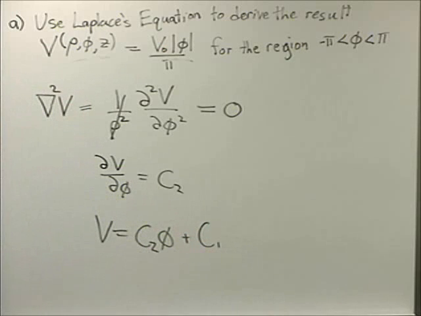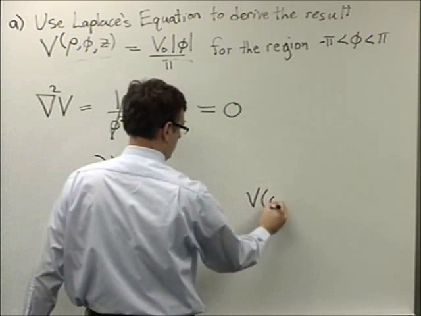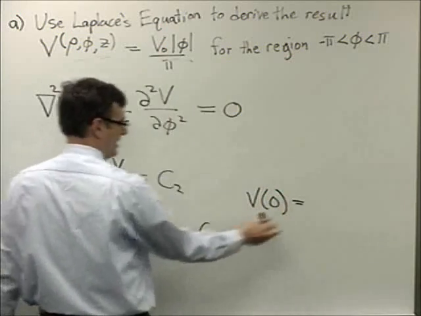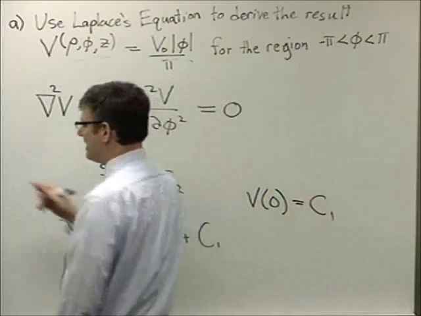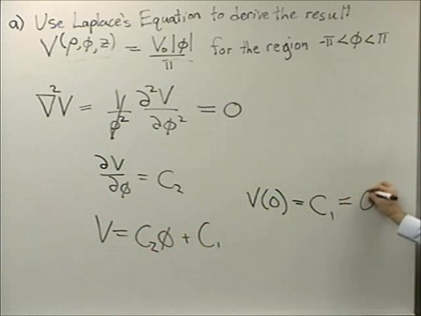How do I solve for the constants? Well, I just need to enforce my boundary conditions. When phi is equal to 0, this evaluates to just C1, and I know C1 must be 0 because when phi is equal to 0, I'm on that 0 voltage plate, right?